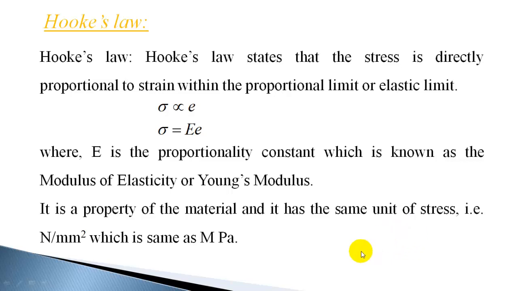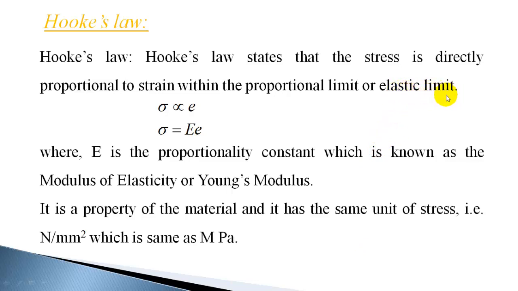Now coming to Hooke's law, it states that the stress is directly proportional to strain within the proportional limit or elastic limit. So if the material is loaded within the elastic limit or proportional limit, the stress is always directly proportional to strain. So what is the elastic limit?